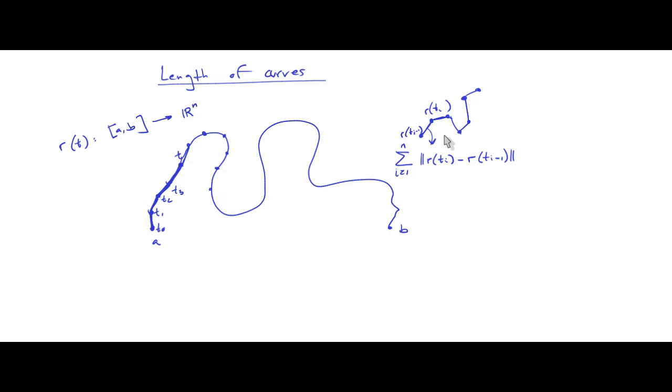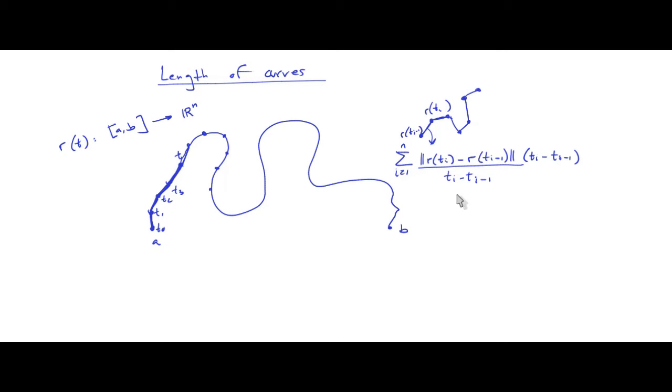Now how do we get a formula out of this instead of just writing this approximation? We want something that has ti minus ti minus 1, so that we can integrate over t from a to b. The easiest way is to multiply and divide by it.